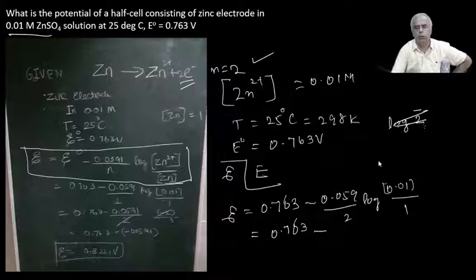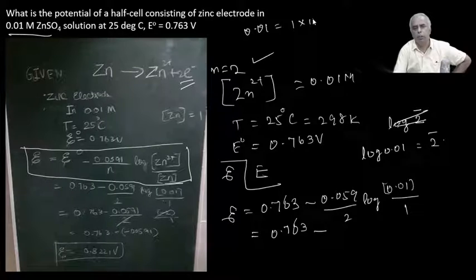Log 0.01 is called 2 bar. Or either way, you can represent 0.01 as 1 into 10 power minus 2, and that 2 bar is given here. So in that case, 0.059 into log of 0.01, which is nothing but minus 2.